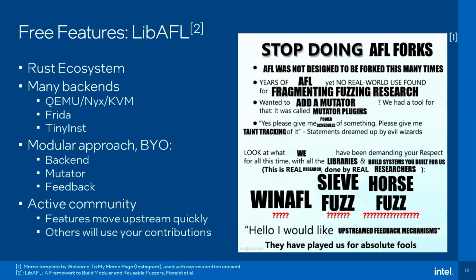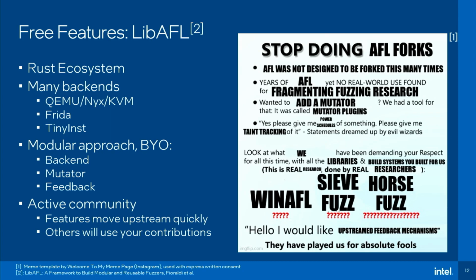So LibAFL is a library that's written in Rust, and essentially what it does is implement every part of AFL++ as a library that you can just import from, create your own fuzzer using all of those components, which includes basically from the binary up, you have a backend, which may be QEMU, it may be Nix QEMU, it may be KVM QEMU, whatever it may be.